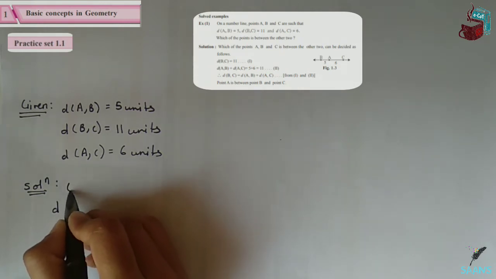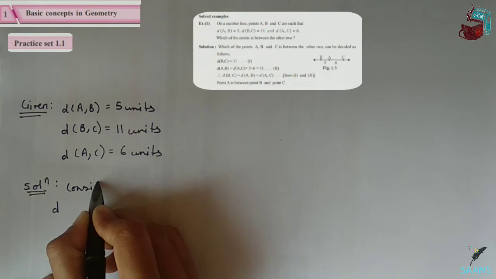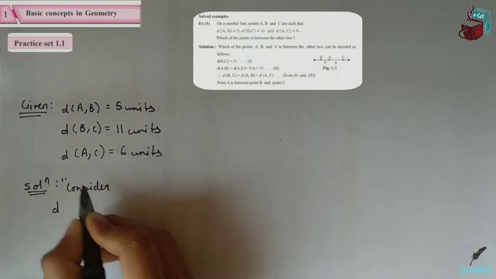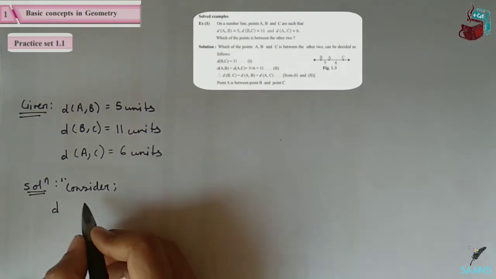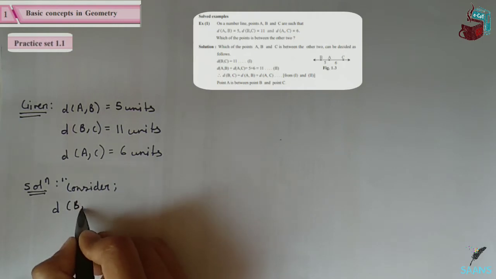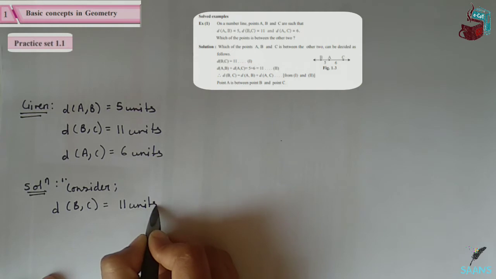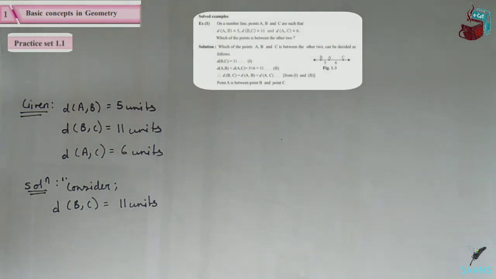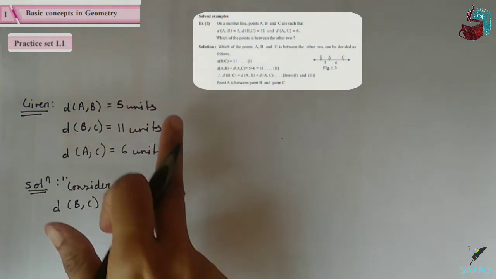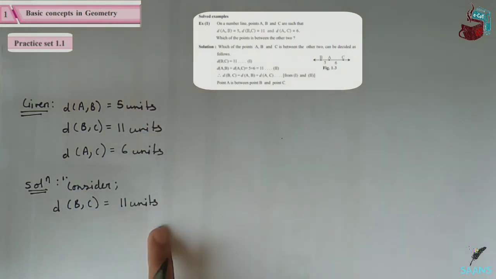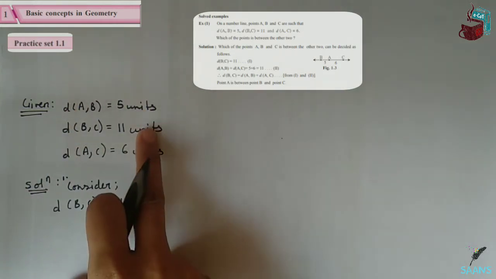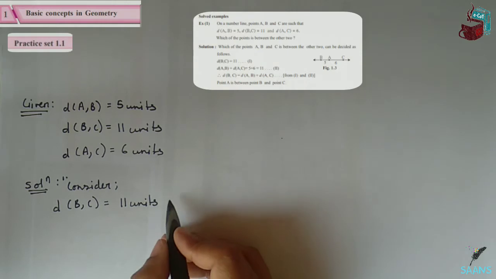Consider, was the first step. Consider distance BC is equal to 11 units. So as I said, remove the greatest one and keep it on the side.